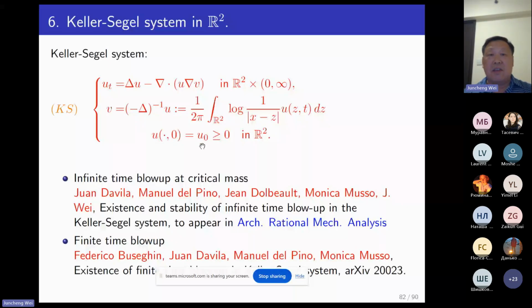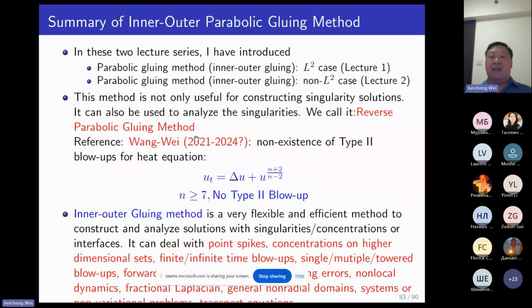And so in summary, we have the parabolic gluing for n greater than 5, for L2 case, and for 2, 3, 4, and this method is not only useful to construct solutions, but it also can be used to analyze the singularities. And we call it reverse parabolic gluing method.